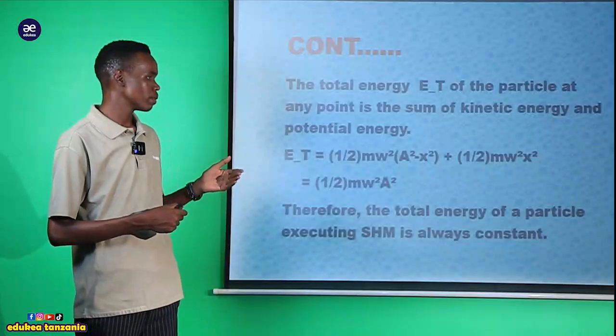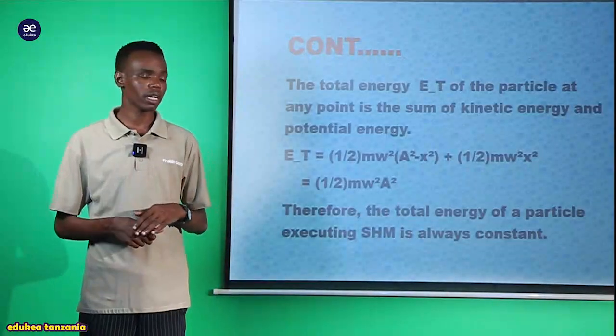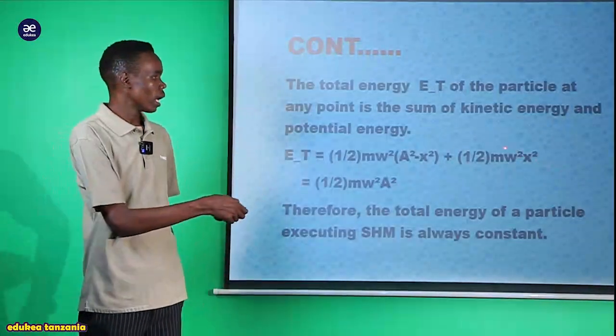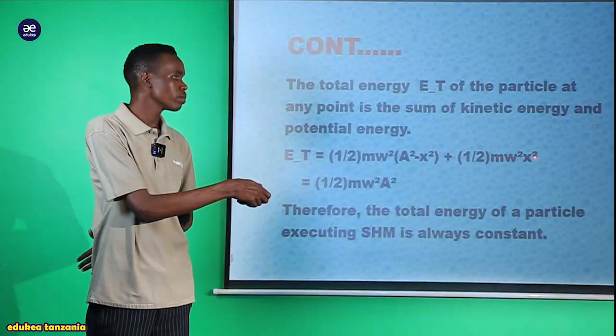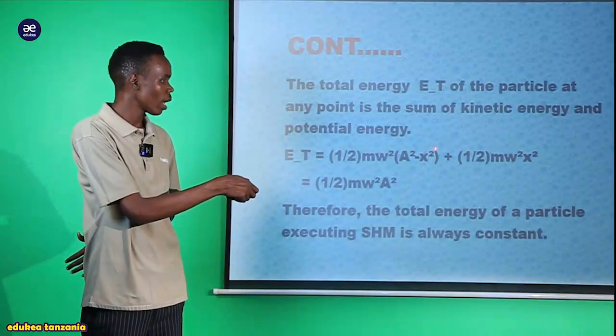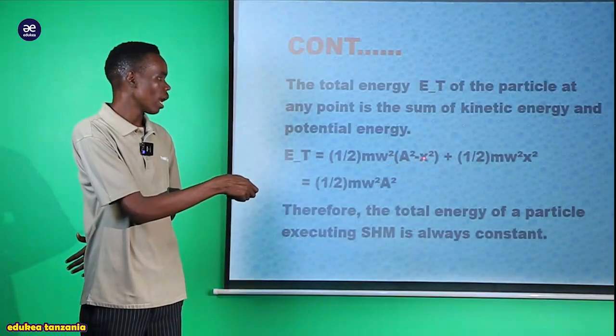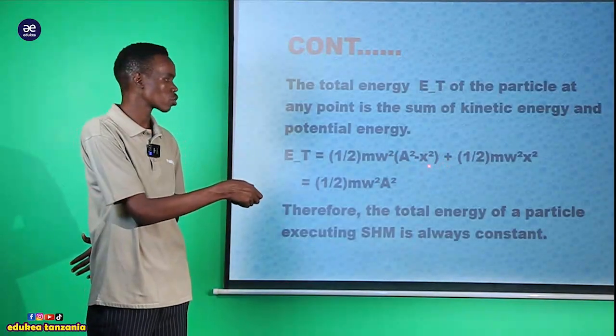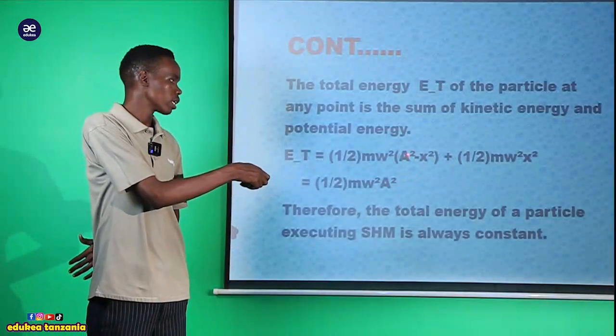Now after simplifying it, my dear student, we see that this half m w square x square cancels out with the other half m w square x square found here, because there is the negative sign.